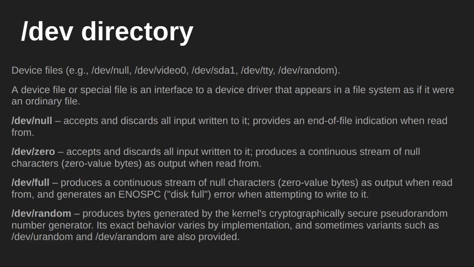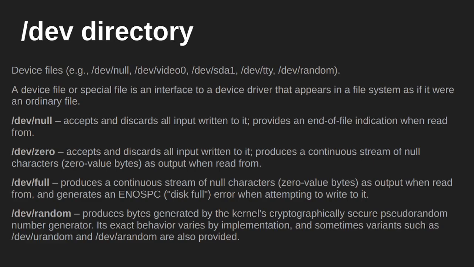Dev sda1 is the first partition of the hard disk. Dev random can be used to get random data. Similarly, dev null and dev tty.